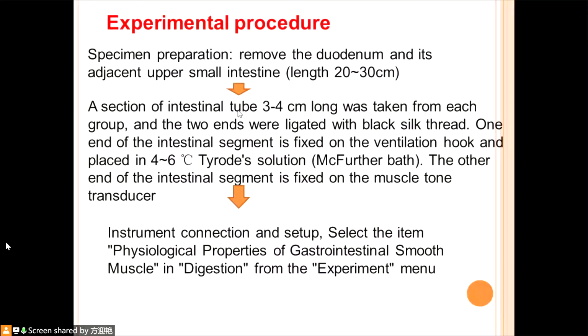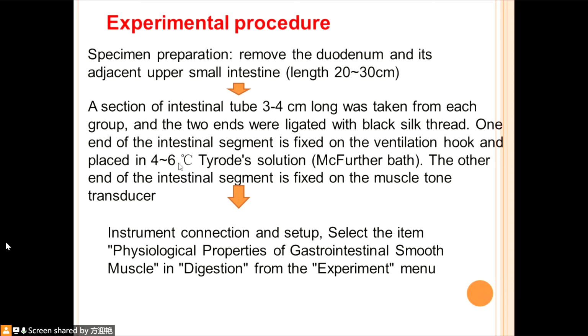A section of intestinal tubule about 2 to 3 centimeters long is taken from each group. If 4 is too long, normally we use 2 centimeters. Then we fix the sections on the ventilation hook.